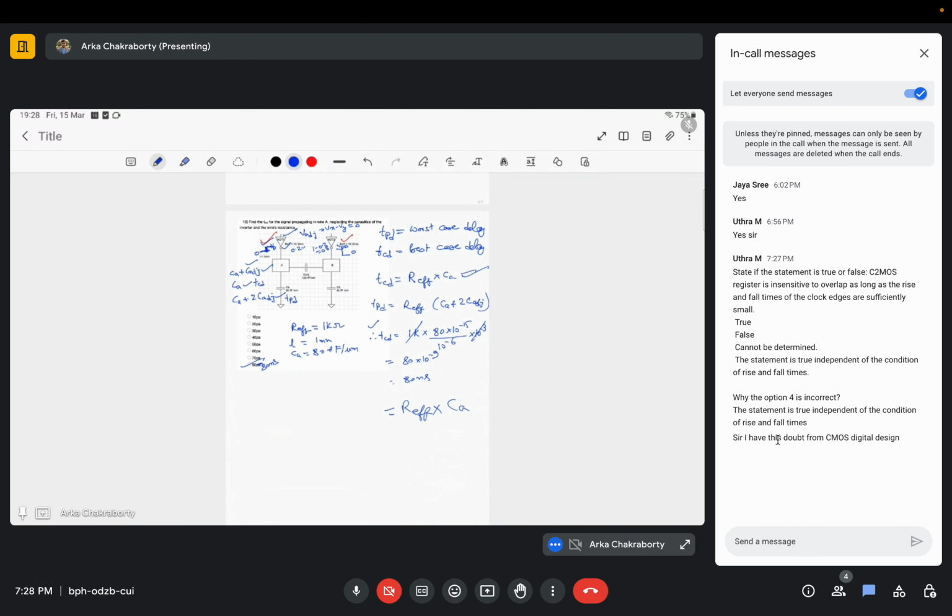State if the statement is true or false.